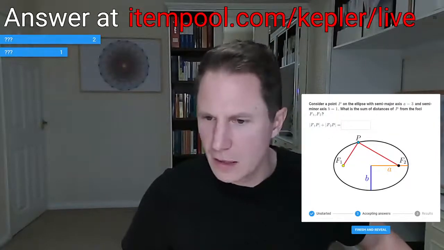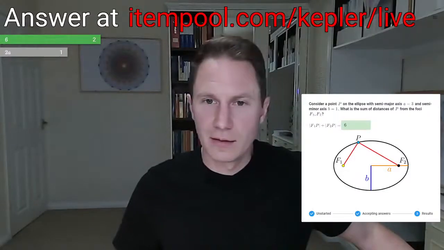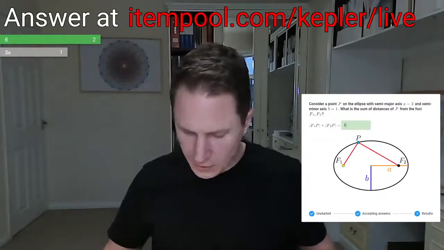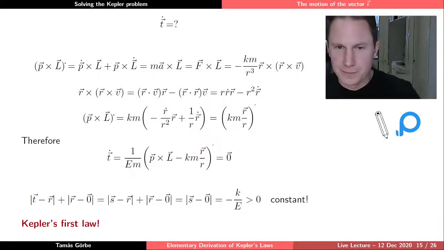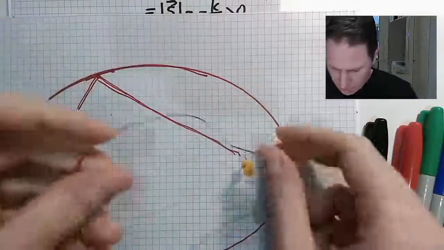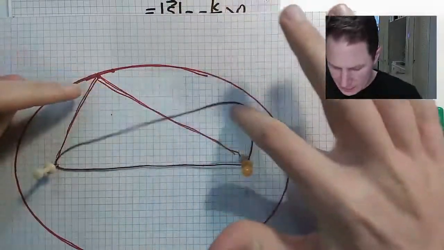So there are two competing ideas there, I think. The correct answer is, of course, 6. But whoever has written 2a, that's also correct. That's twice the semi-major axis. And in fact, if we look back at the notepad, the sum of these two distances is always the same.